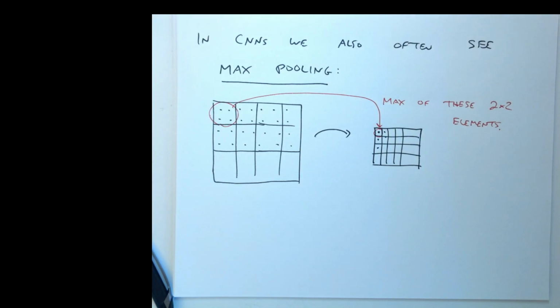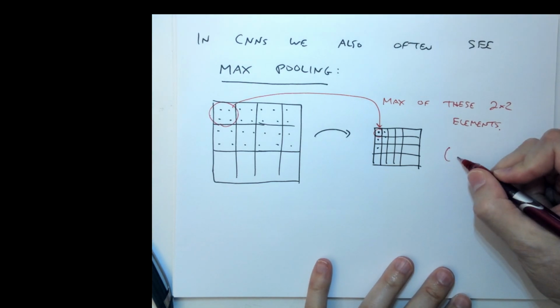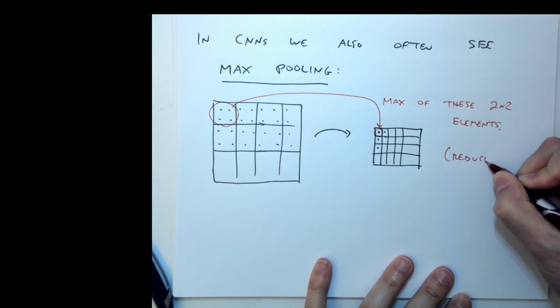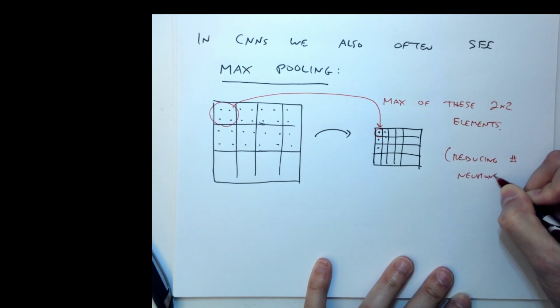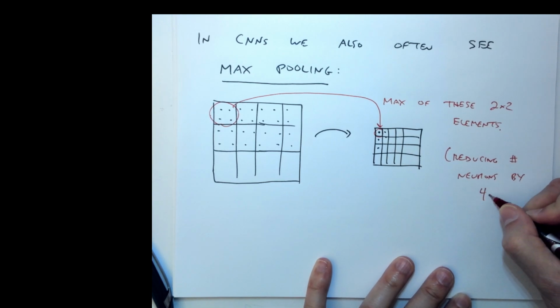So this is basically reducing the number of neurons in the next layer by a factor of 4.